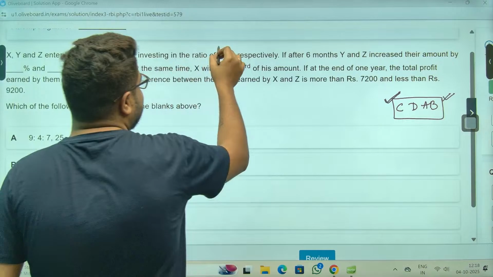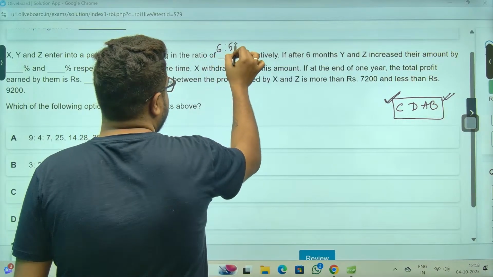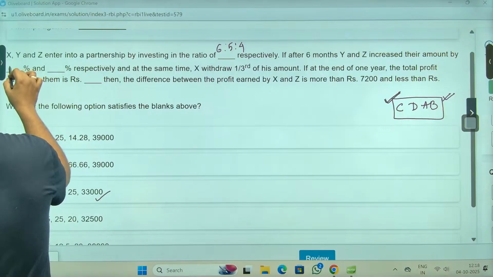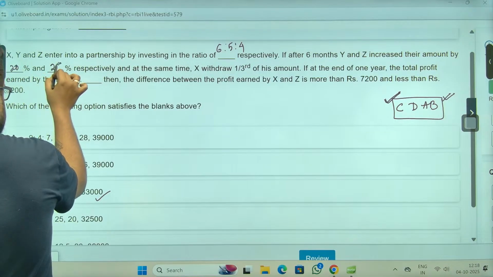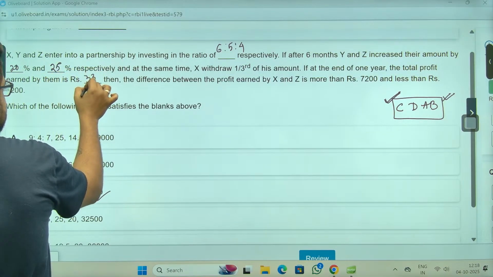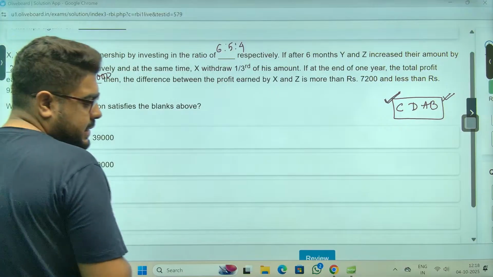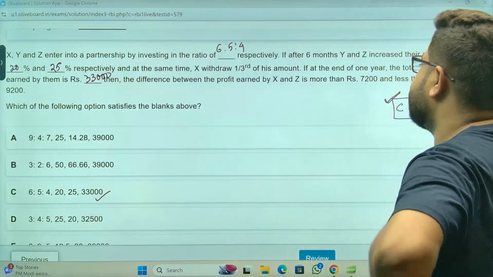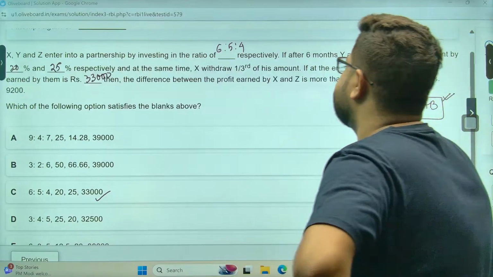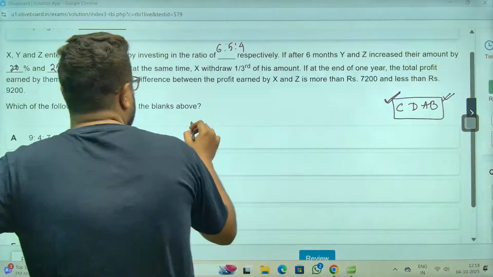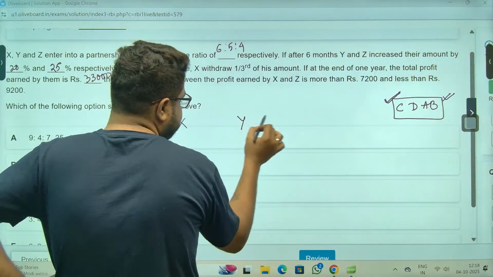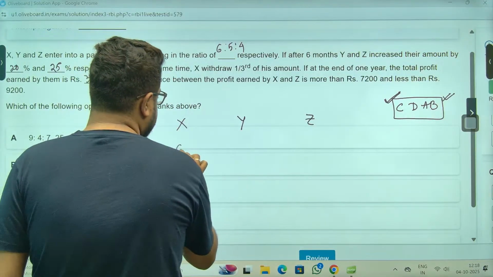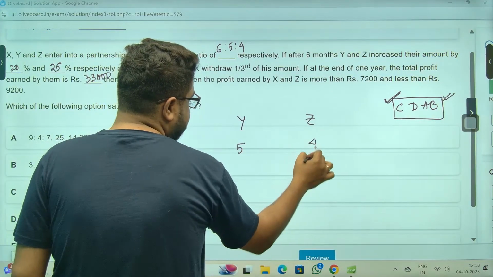6, 5, 4. Okay. And this is 20 and 25. And this is 33,000. Let's see, sir. Now, X, Y, Z invested this, 6 rupees, 5 rupees, 4 rupees.